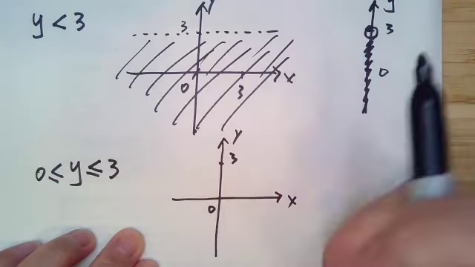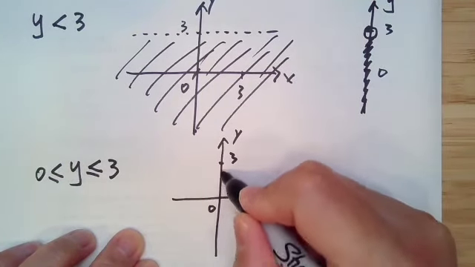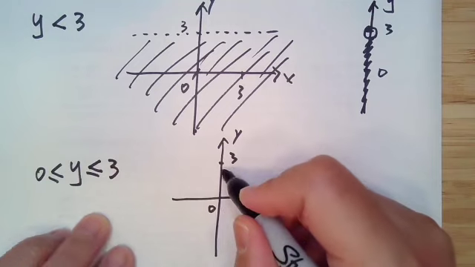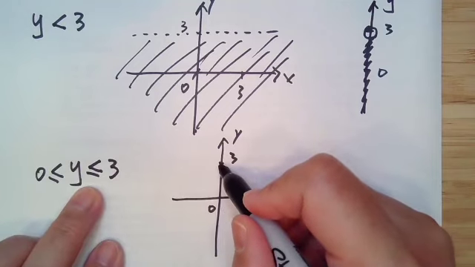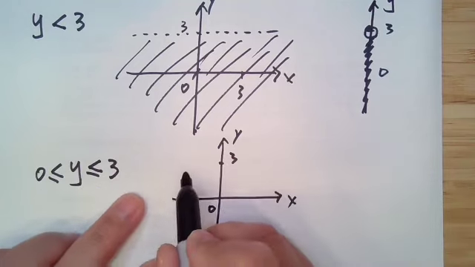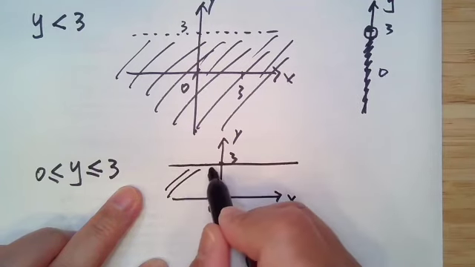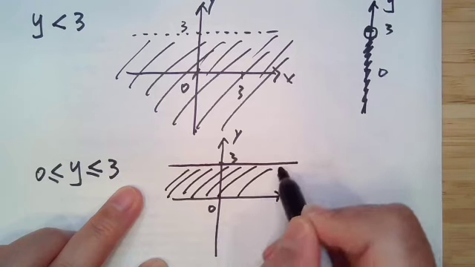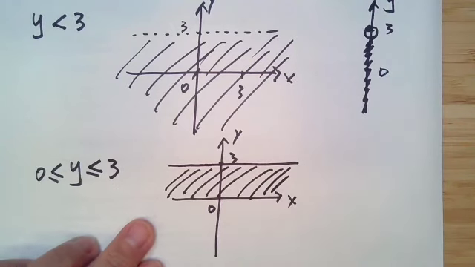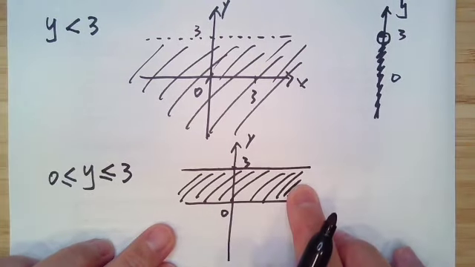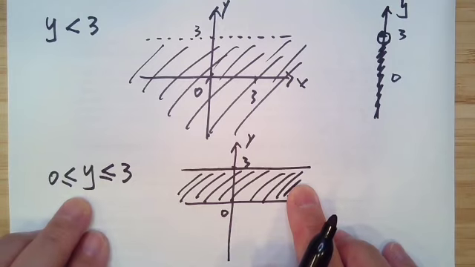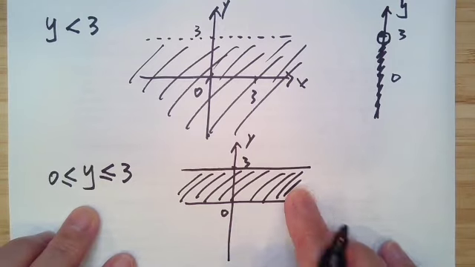That means from here and up, solid, up. And less than or equal to 3 means from here, solid, and down. So it is very interesting that we have this area. And that is the graph of this compound inequality. So it's very interesting, isn't it?